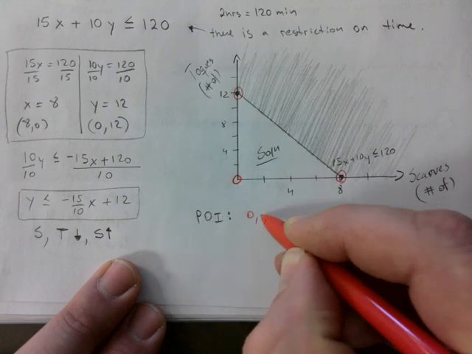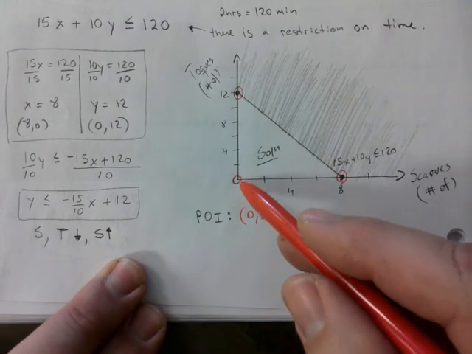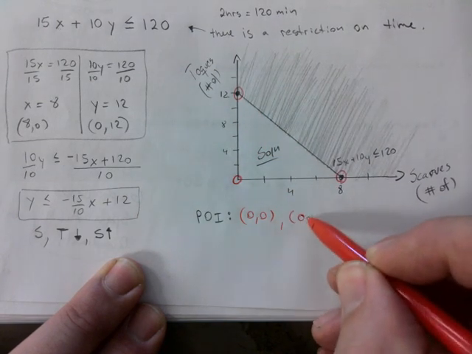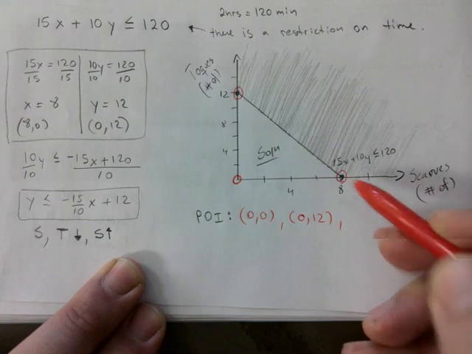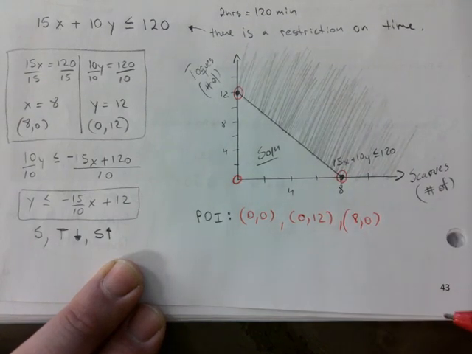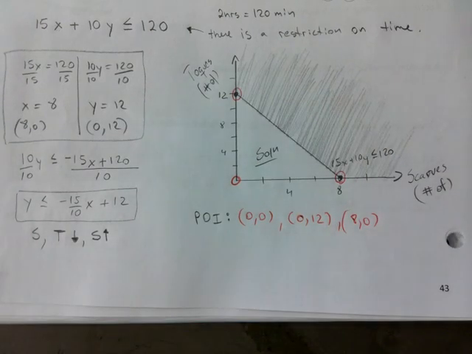So it'd be 0, 0, which seems very irrelevant, but that is a point of intersection. And 0, 12, as well as 8, 0. Those are the POIs in this case.